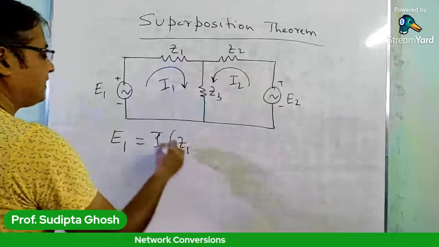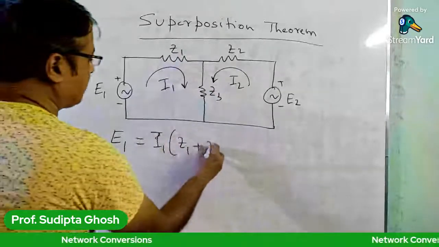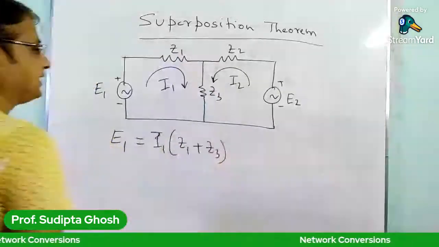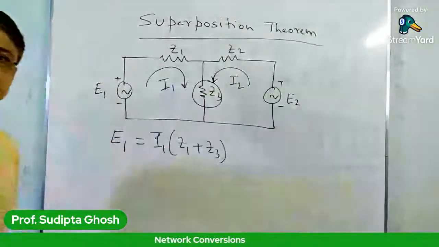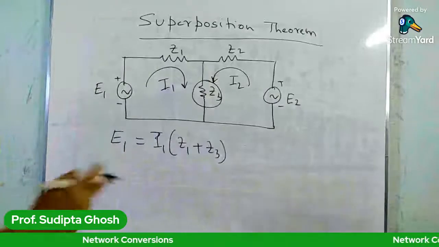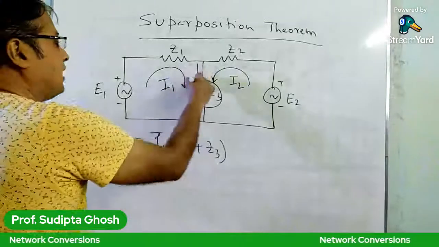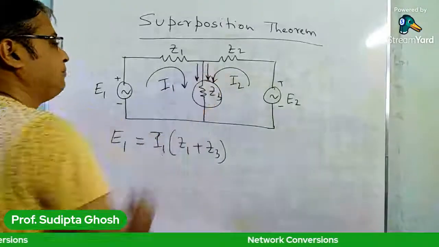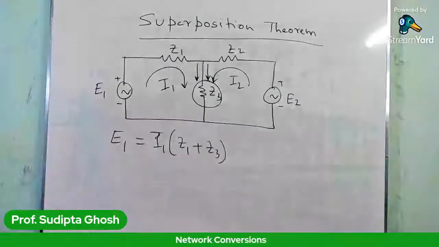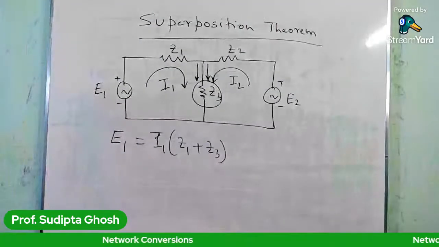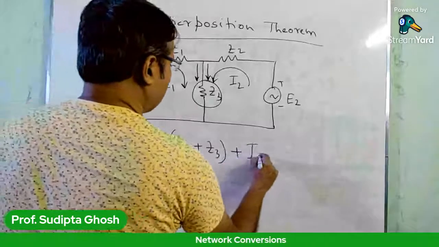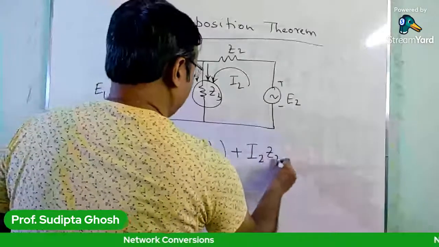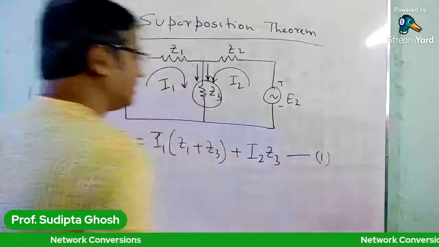We can take I1 common and write I1 into Z1 plus Z3. For the impedance Z3, the two currents I1 and I2 are flowing in the same direction. So we have to write plus I2 Z3, and let it be equation 1.